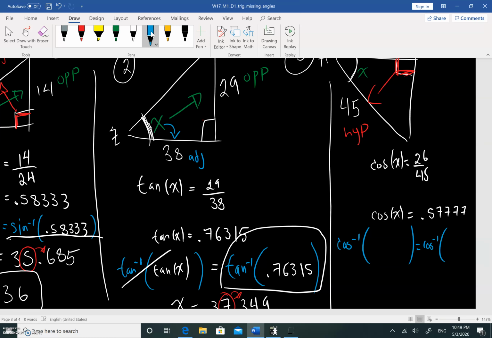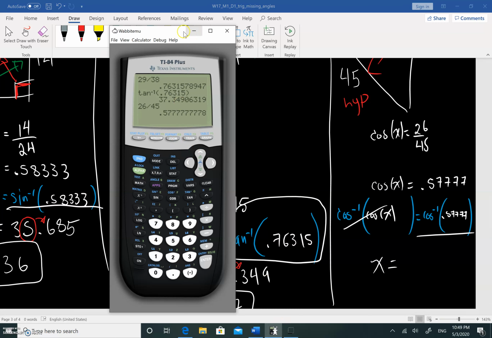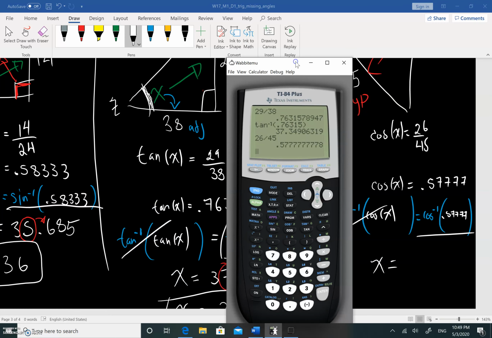So all you have left is x is equal to whatever this is in the calculator. So let's go ahead and move it closer just so that we can see it. Oh, we have to use the inverse, so click second, cosine inverse, 0.57777.